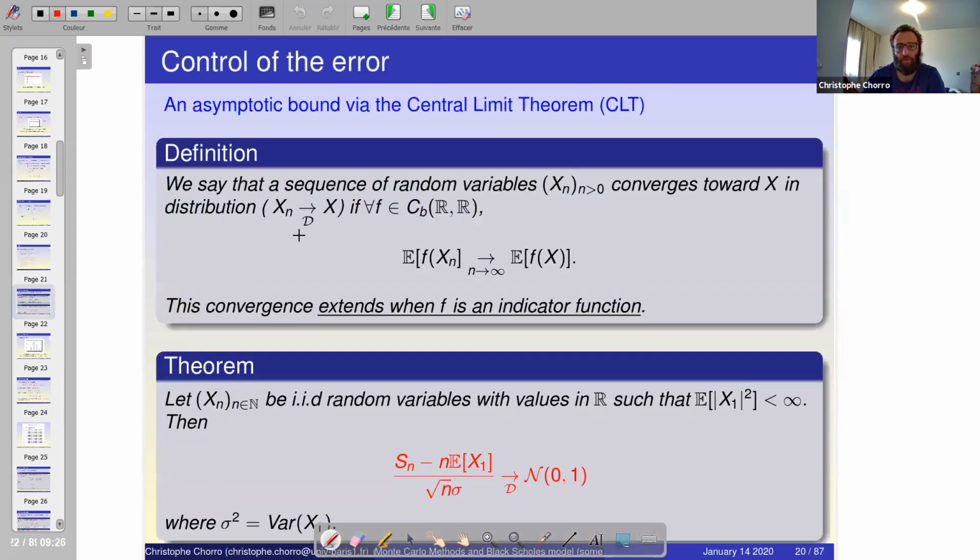So I remind you of the central limit theorem. And first of all, in order to remind you of the central limit theorem, I can remind you what the notion of convergence in distribution is.